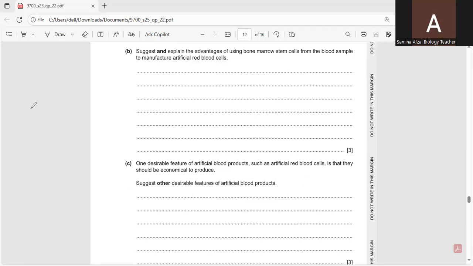Actually, they are hemopoietic cells. Hemopoietic cells means that they can regenerate into different types of cells. They are immature cells, so they can be used in the production of blood cell types, specifically giving rise to the blood cells.